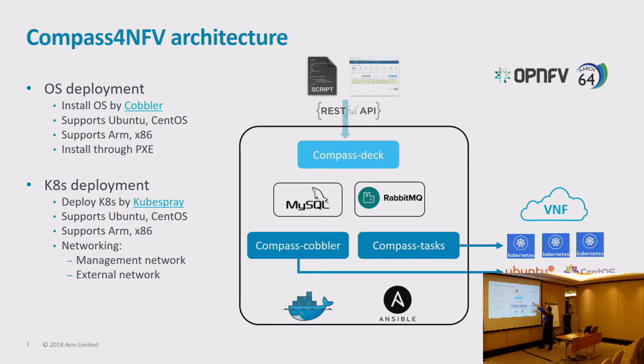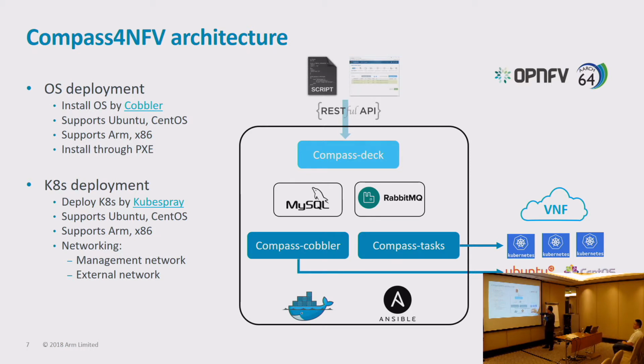In the middle, there are two levels, where RabbitMQ is a message queue and MySQL is a database. These store some information of the deployment process. And these are the two most important parts of the deployment. For every deployment, there are actually two components. First, you deploy the operating system to bare metal. This is what Compass cobbler does.